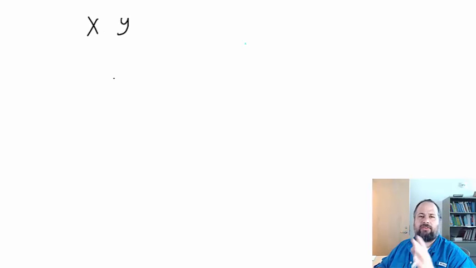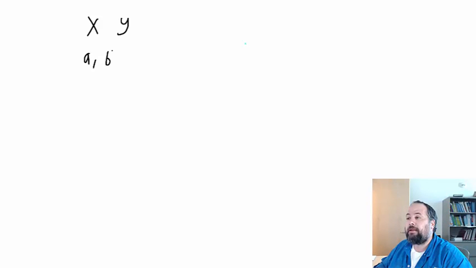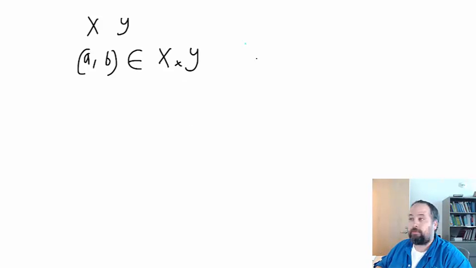Okay, so the formal definition: assume that we have sets X and Y. We'll define what X and Y are later. Assume we have tuples AB, where A is a member of X and B is a member of Y. Remember, that's the Cartesian product we talked about earlier.